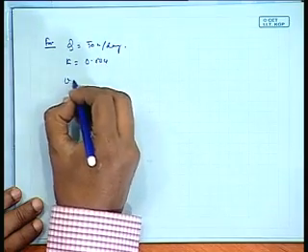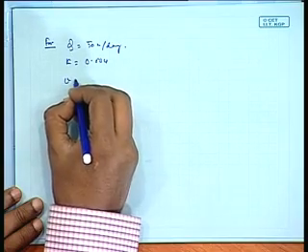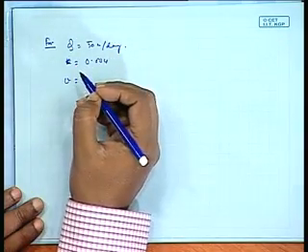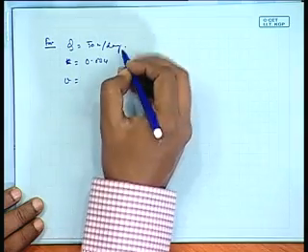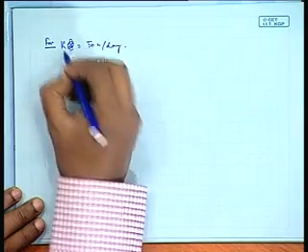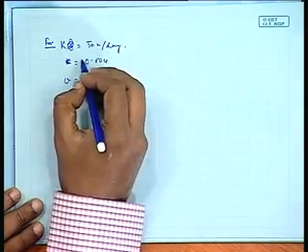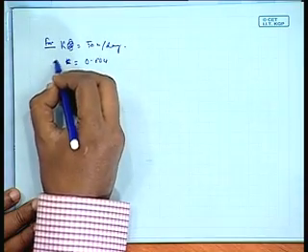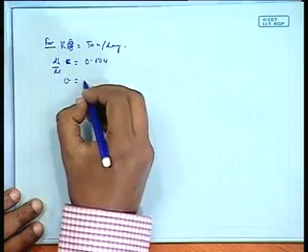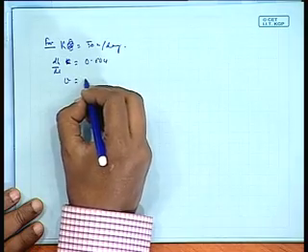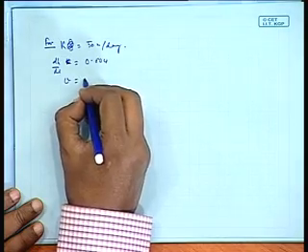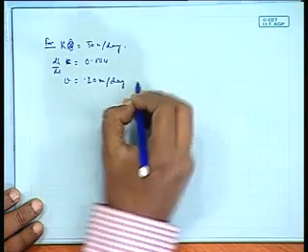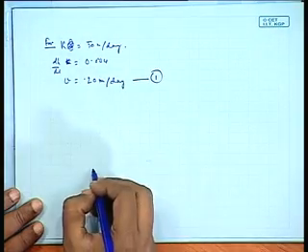So we can find out this dH by dl, and this is k for 50 meter per day. So we can find out the velocity as about 0.2 meter per day. This is number one.